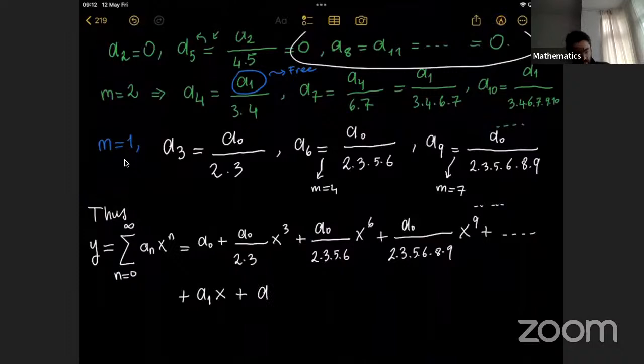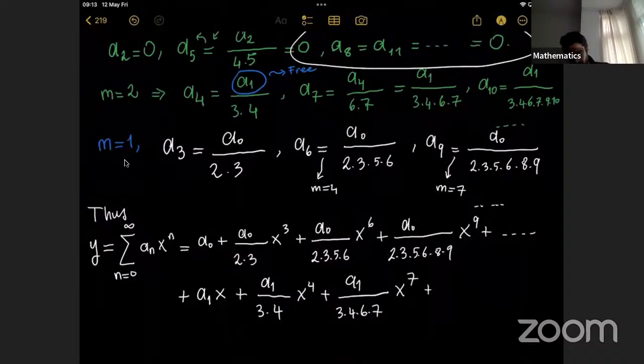A4 is a1 over 3 times 4. This is a4 x to the 4 plus a7. A7 is a1 over 3, 4, 6, 7 x to the 7. And you continue like this.